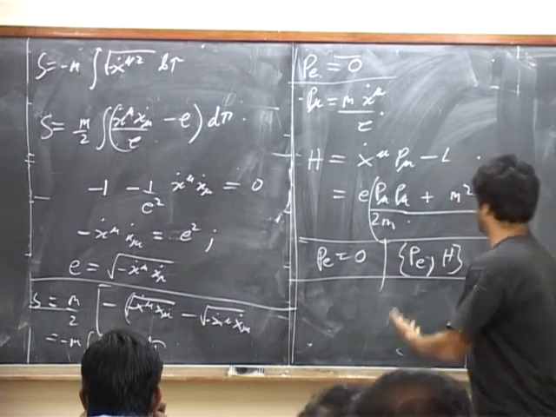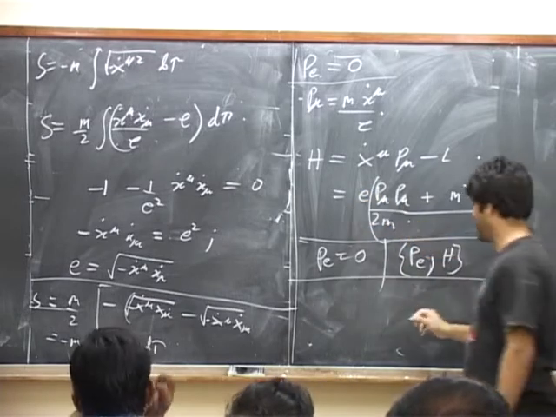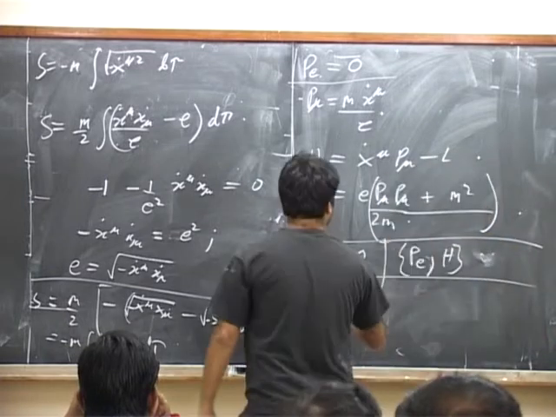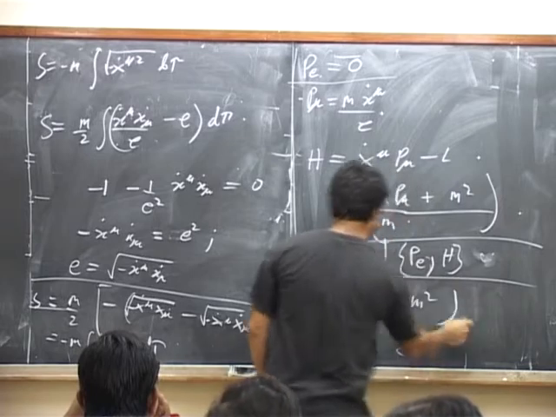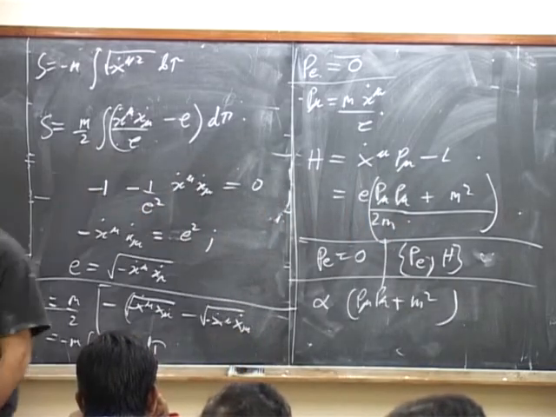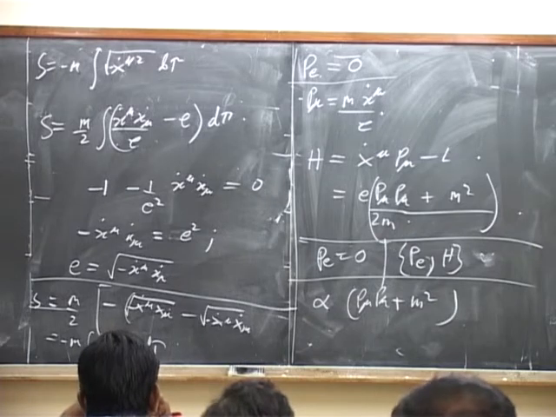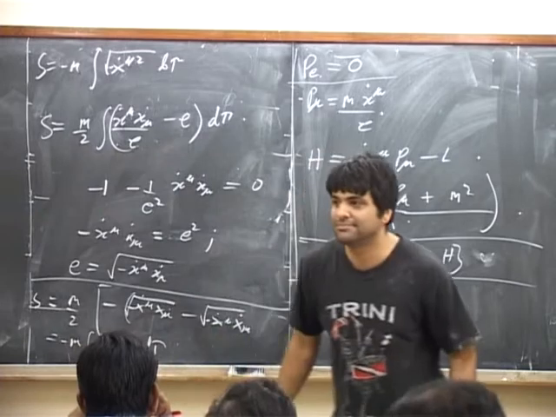But that's very simple because the only thing that it does not have 0 Poisson bracket with is e. Okay? So this Poisson bracket is proportional to P_mu squared plus m squared. So it's not 0 unless P_mu squared plus m squared is 0. That's the second constraint we have to impose on our system in order to have consistent dynamics.